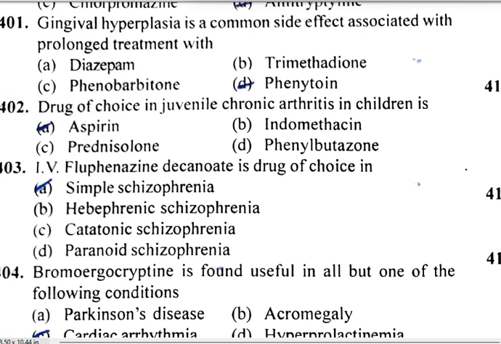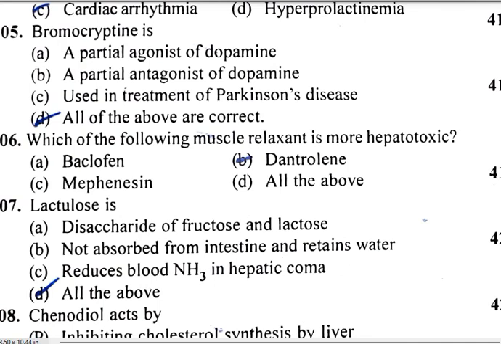Bromocriptine is found useful in all but one of the following conditions, that is cardiac arrhythmia. Bromocriptine is a partial agonist of dopamine, and it is used in the treatment of Parkinson's disease. Which of the following muscle relaxants is more hepatotoxic?